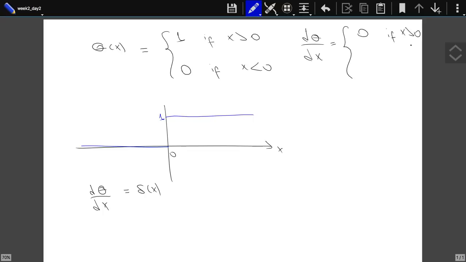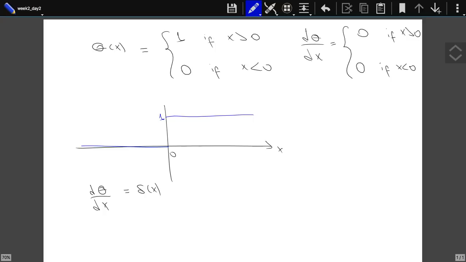What is its value if x is less than 0? Again, the same argument. For x less than 0, it is just a constant value, so its derivative is 0. So at least the derivative of the step function satisfies one of the properties of the Dirac delta function.